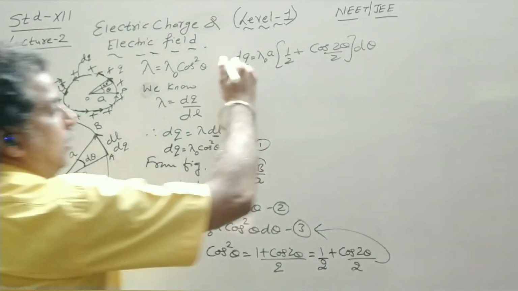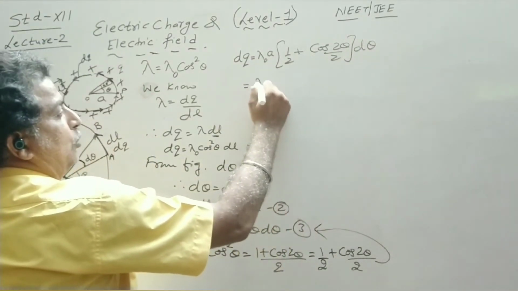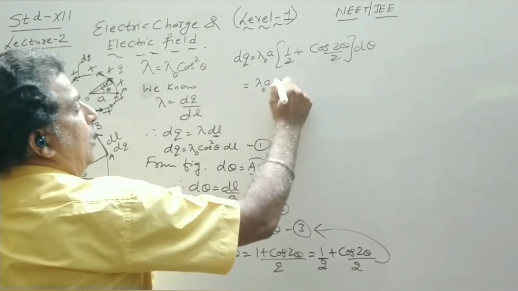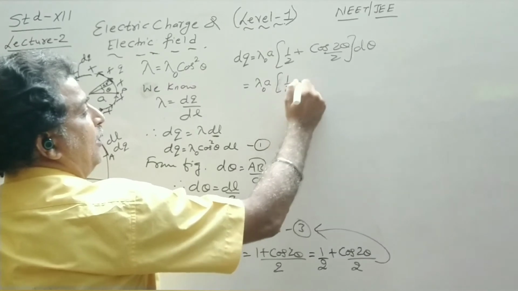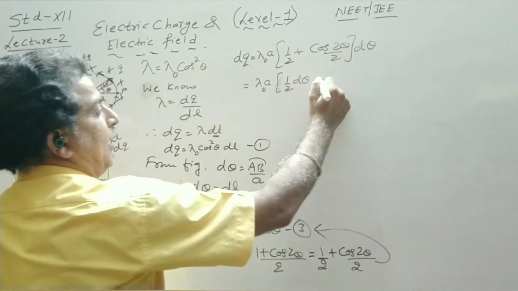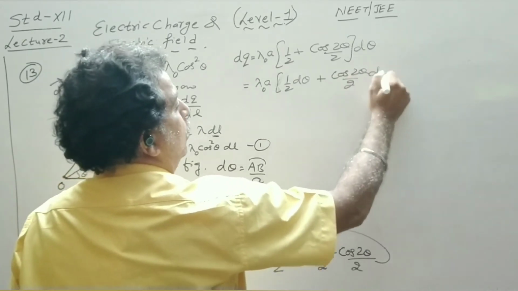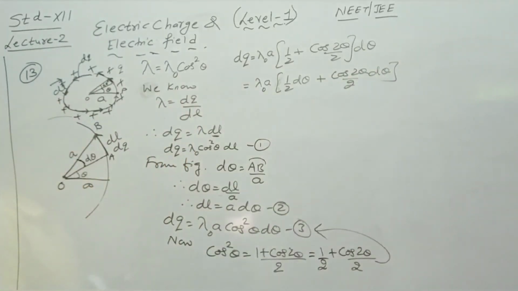Now, opening the bracket, it becomes lambda naught A, half d theta plus cos 2 theta by 2 d theta. Now, I integrate this equation on both the sides.